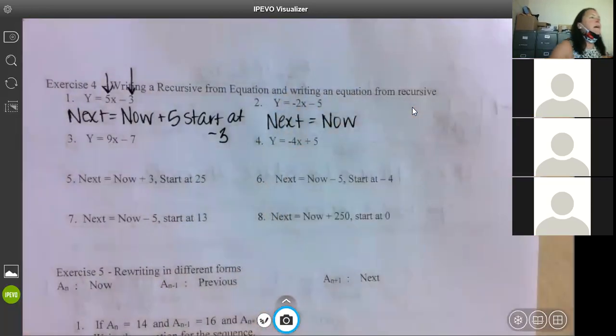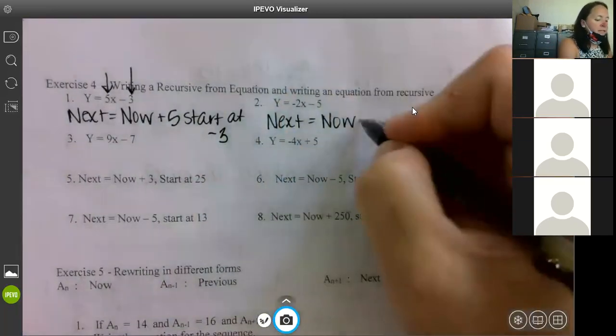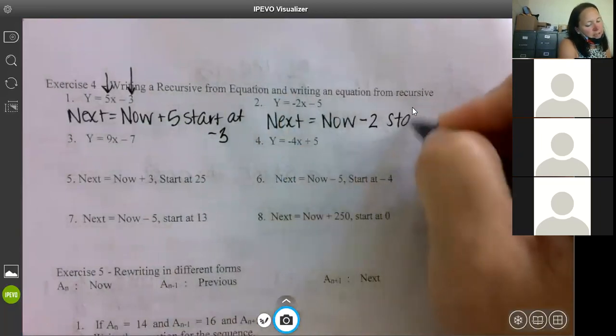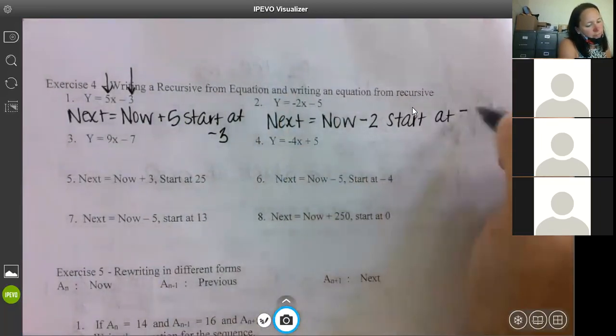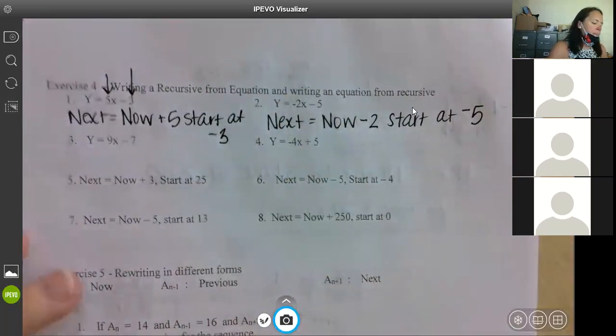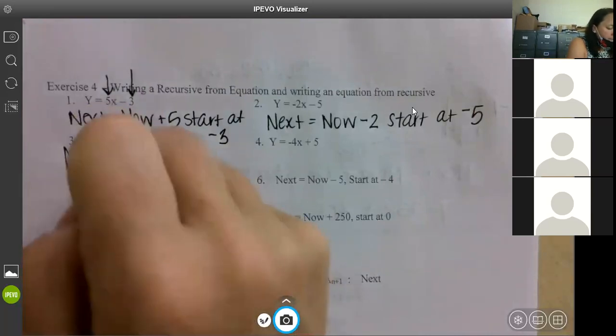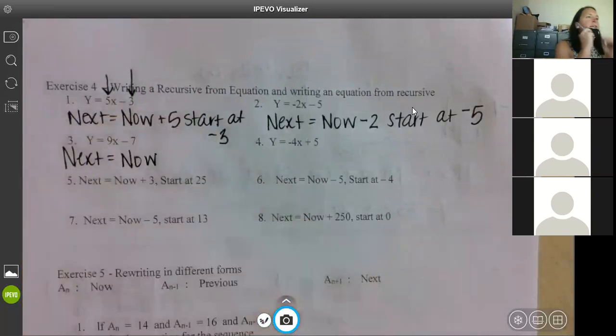Again, write the words out. Next equals now on number 2. What's your slope? So -2. What's your y-intercept? We start at -5. And make sure you put the negatives and the positives, whatever you have. On the next one, +9.